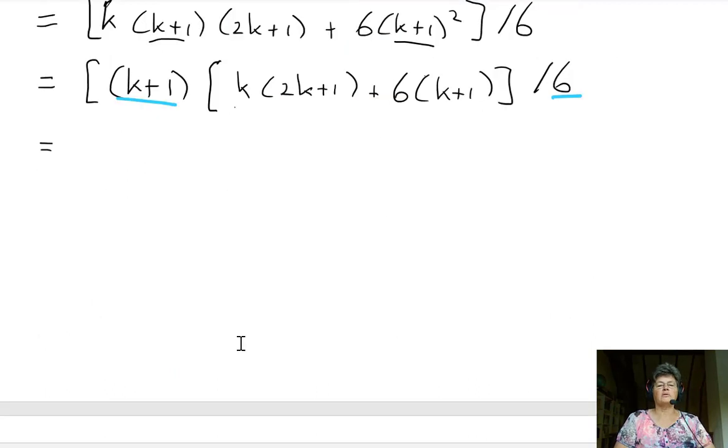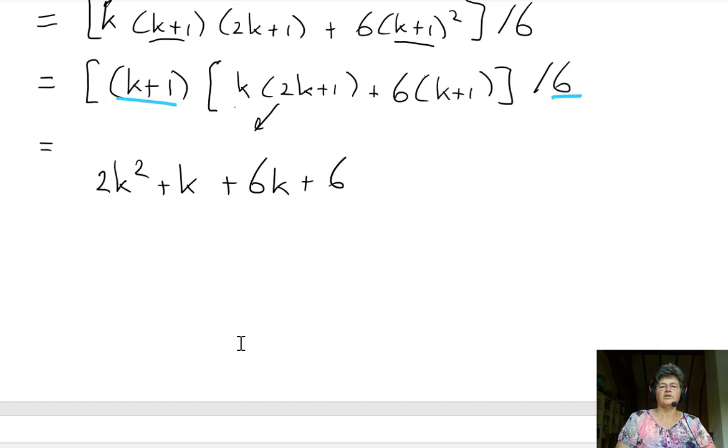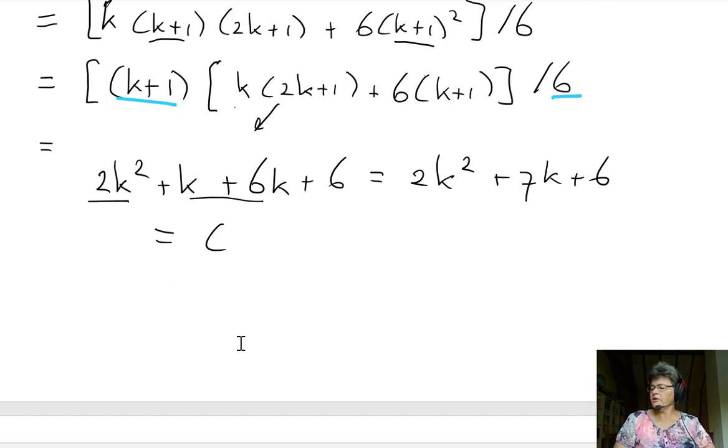Let's just try. I will leave the blue ones outside and only continue with the middle part. So that would be 2k squared plus k plus 6k plus 6. We have a k squared, 7k and 6, so that's 2k squared plus 7k plus 6. And that would mean, oh, now we are getting somewhere.